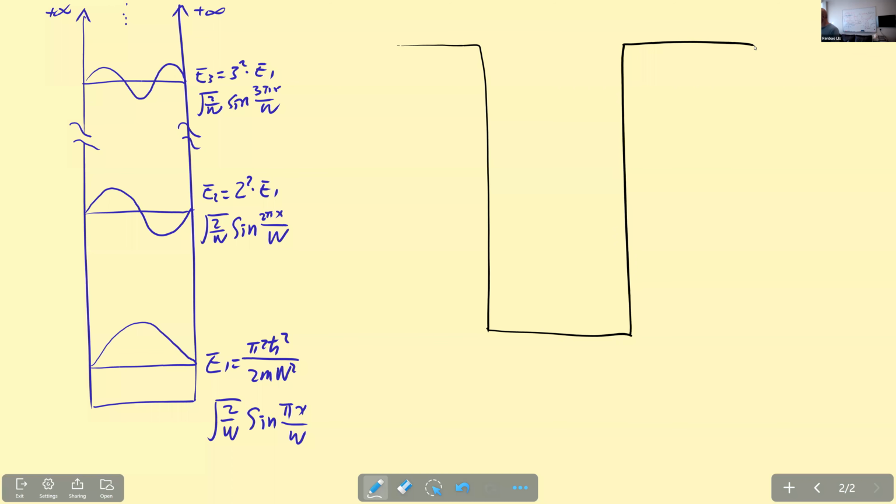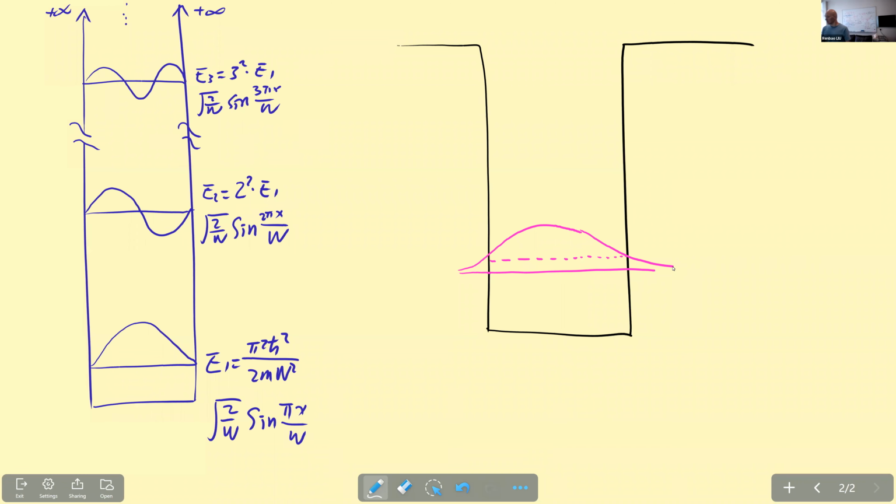Okay, we know that there is at least one state. Suppose this is the energy corresponding to the first state of the infinite quantum well. Then the real energy of this one will be slightly lower than this, because the states have some chance to penetrate into the barrier.